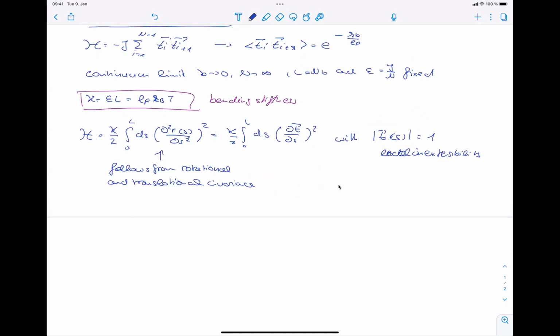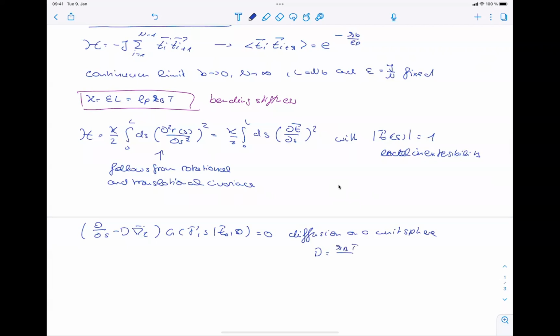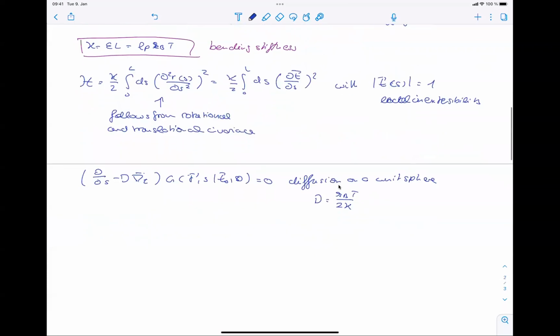And now to learn about the statistics of the system, similar to the Gaussian chain, we can map it to a diffusion equation, where now we consider diffusion on a unit sphere, with D being k_B T over 2 kappa, the bending stiffness.